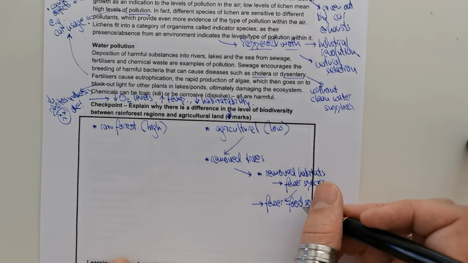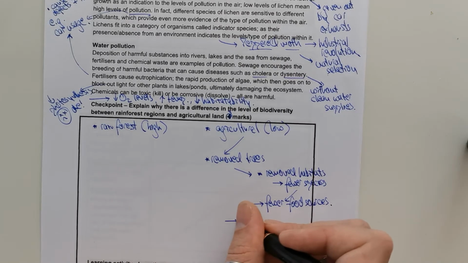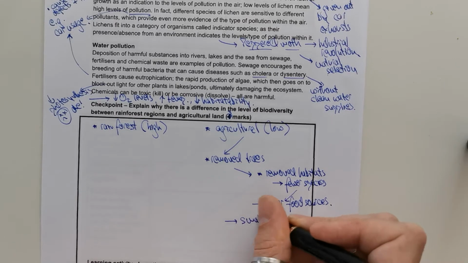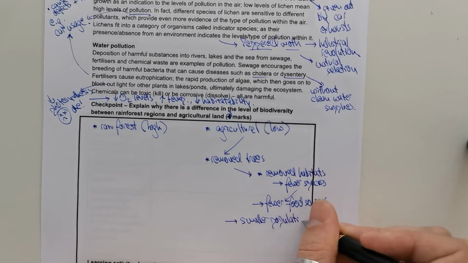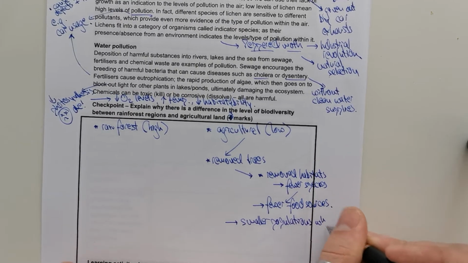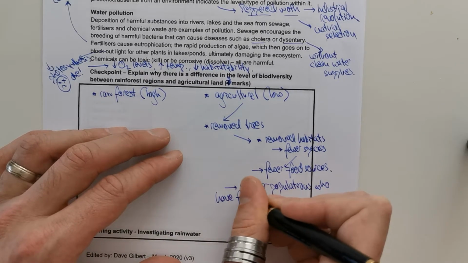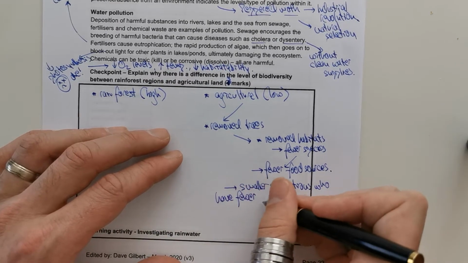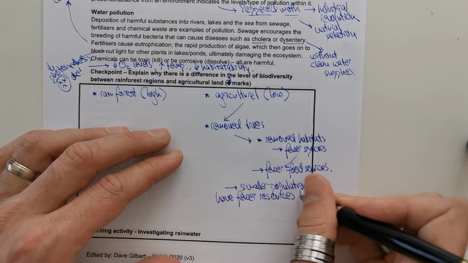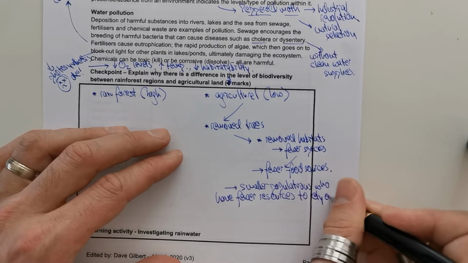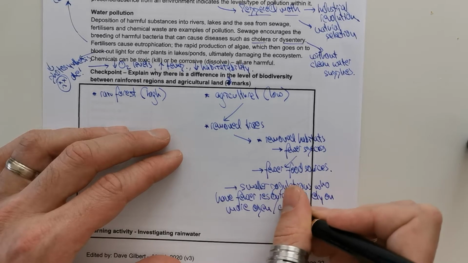What you've then done is you've also left smaller populations who have fewer resources to rely on, more at risk of dying out.